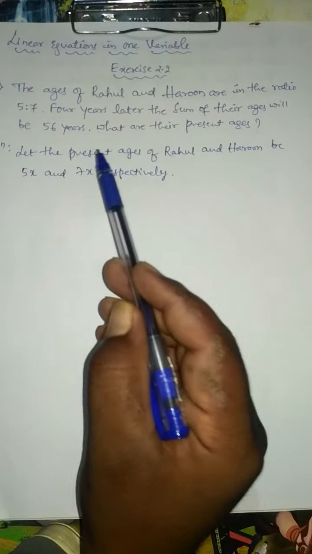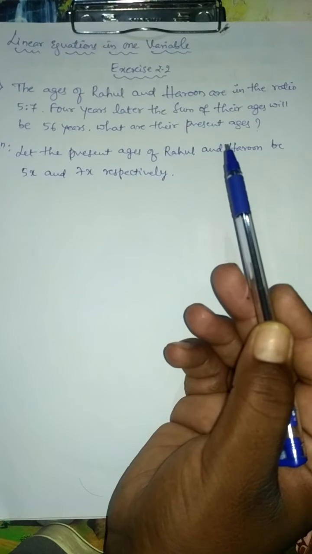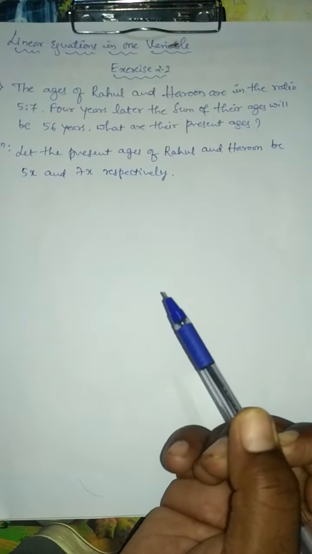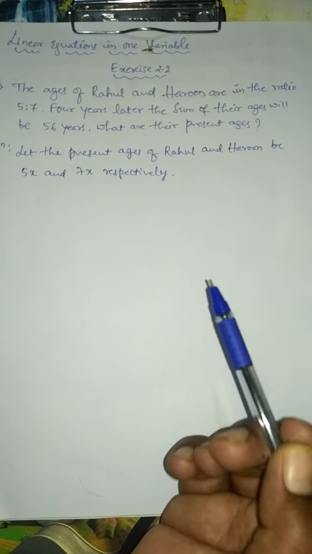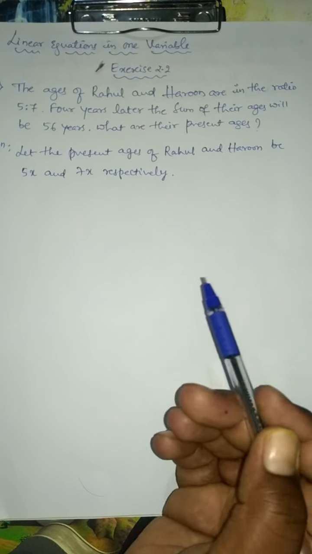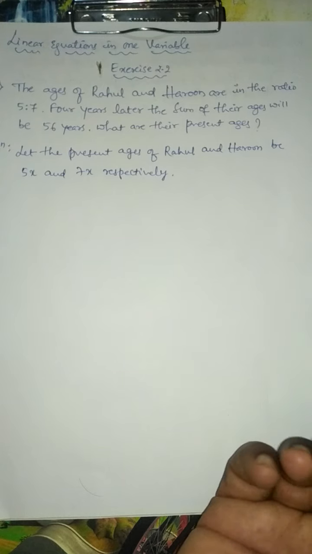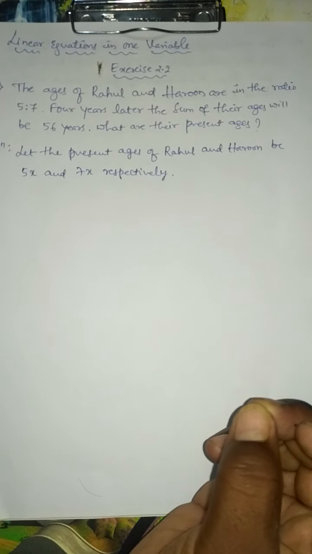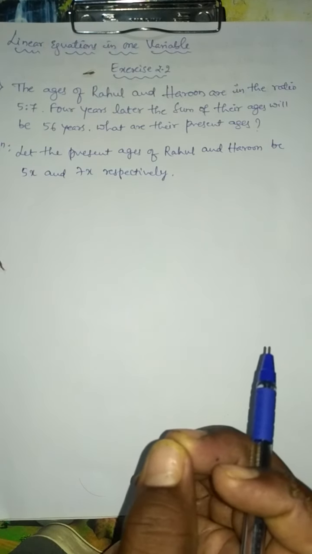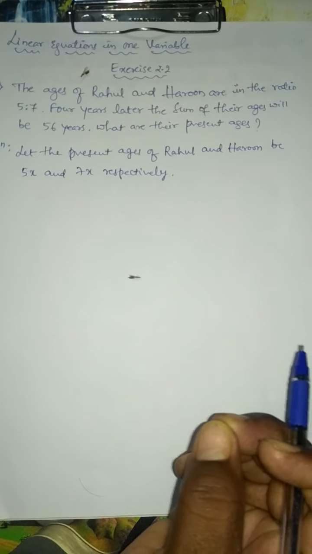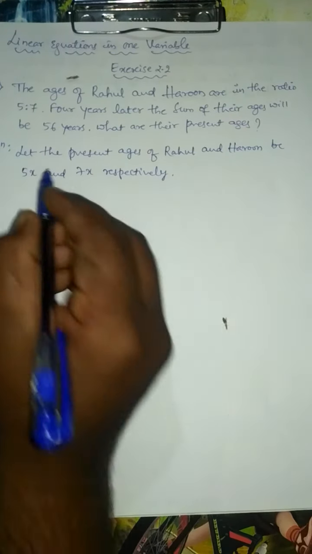Now, here 4 years later, suppose your age is 13 years. What happens after 4 years? We add 4 years to your present age. In the same way, we have to add after 4 years.